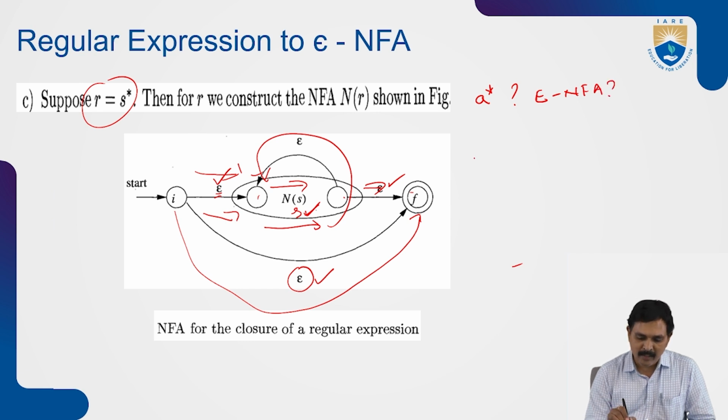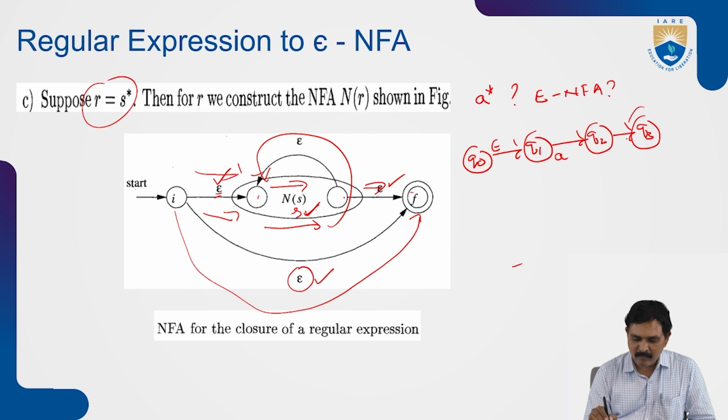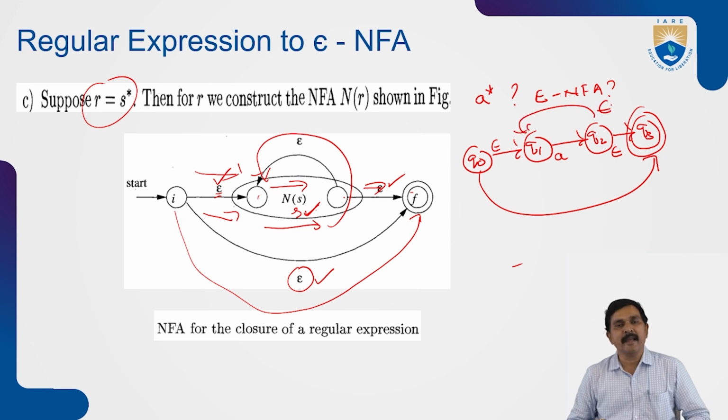So you write here Q0 to Q1 with the null symbol, Q1 to Q2 with the A symbol, and Q2 to Q3 with the null symbol. Here you want to go directly on a null transition, and you make a repetition, which is equal to A star.